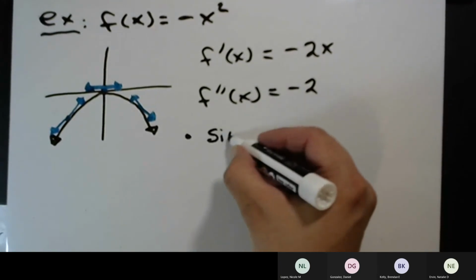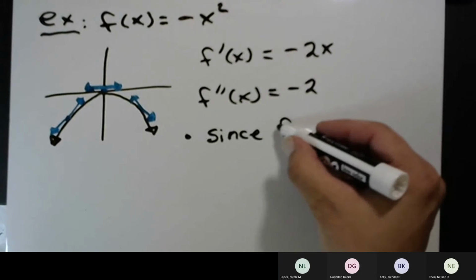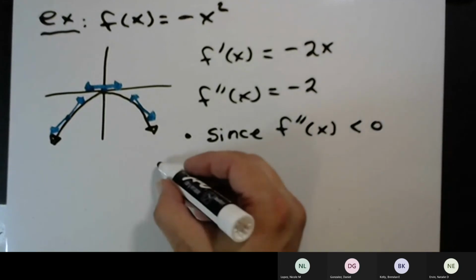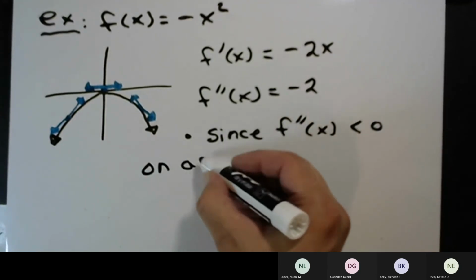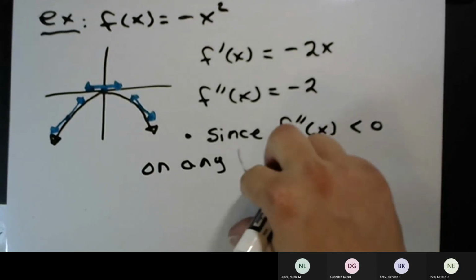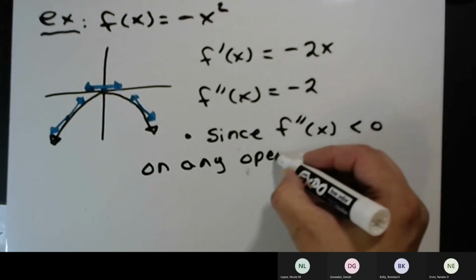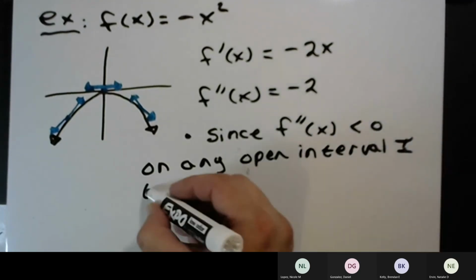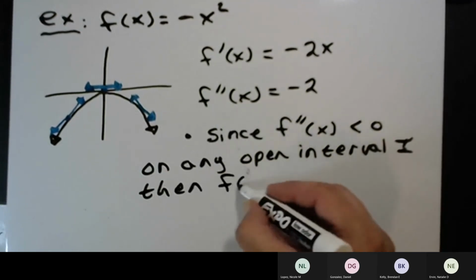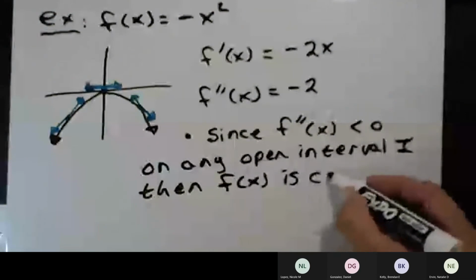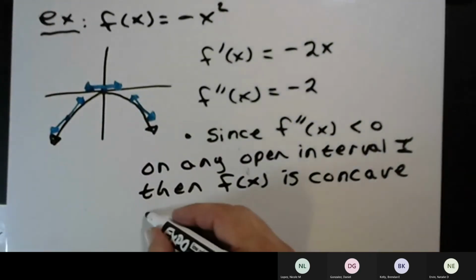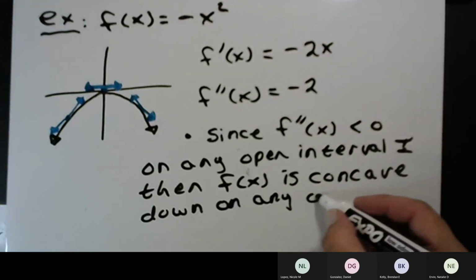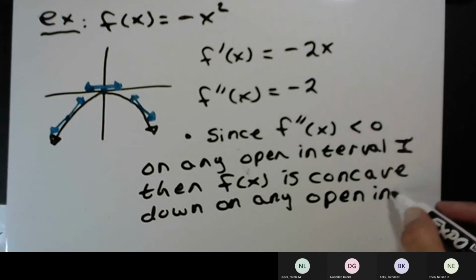And so, since f double prime of x is less than 0 on any open interval, then f of x itself is concave down on any open interval.